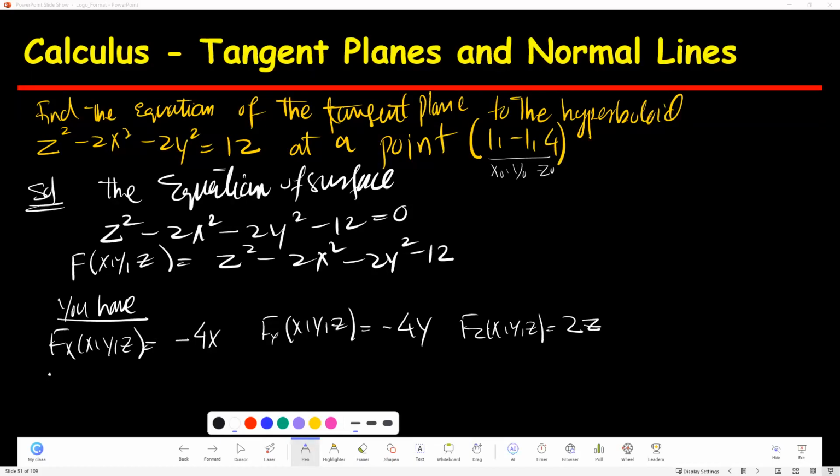So I'm going to substitute the values. fx: 1 times minus 4 equals minus 4. Same thing fy: minus 4 times minus 1 is going to be 4. In a similar way, fz: if I substitute the z value of 4, 2 times 4 will be 8. Okay.